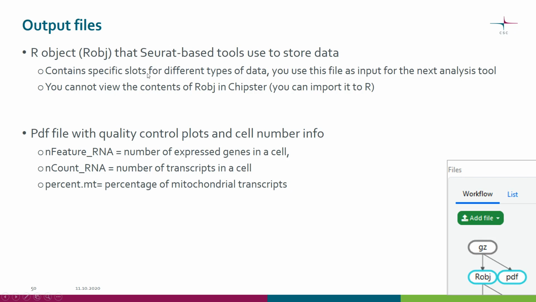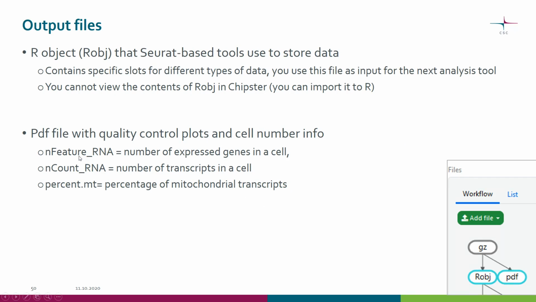It has specific slots for different types of data, and in Chipster you use this file as the input for the next analysis tool. The actual data, and whatever you add to it or the analysis tools add to it is stored here. You cannot view this file in Chipster, but you just give it as input to the next tool. Of course, if you use R, you can always import it in R. But the interesting file for you now at this point is the PDF file, which contains the quality control plots.